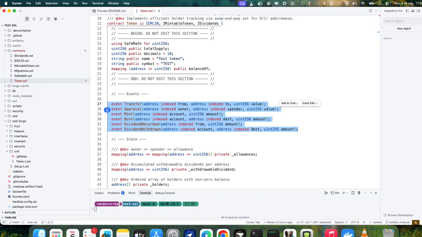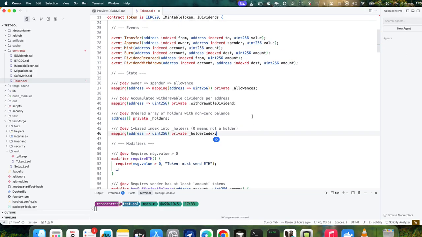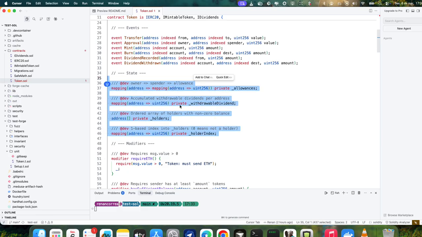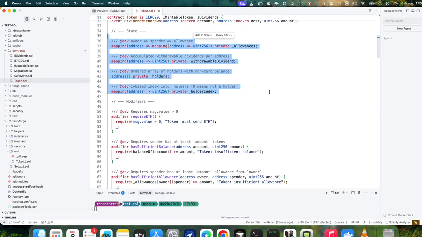For state management, I have the allowances mapping for ERC-20 approvals, a withdrawable dividend mapping that tracks how much each address can claim, and then the key data structure, an address array called holders paired with a one-based index mapping.